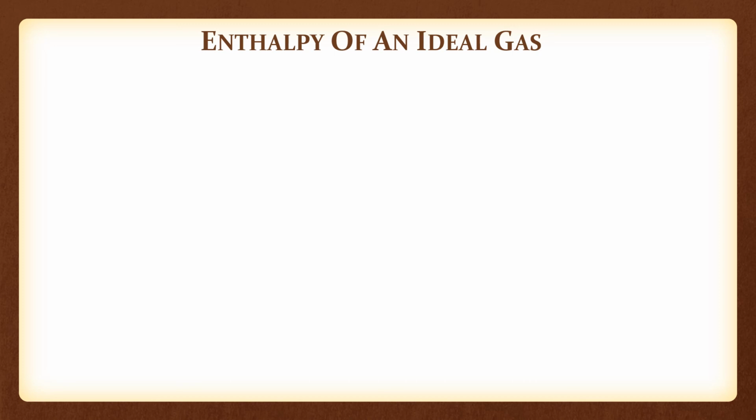Since that potential energy is not there at all for an ideal gas, internal energy happens to be independent of pressure. We will see that enthalpy is also independent of pressure. So this is one part of the picture.